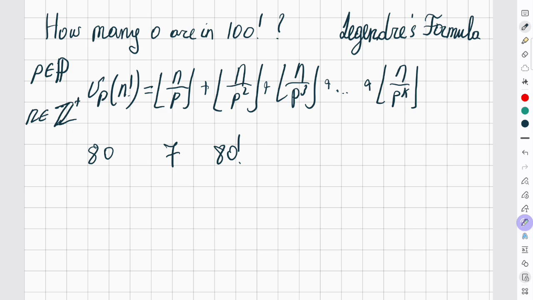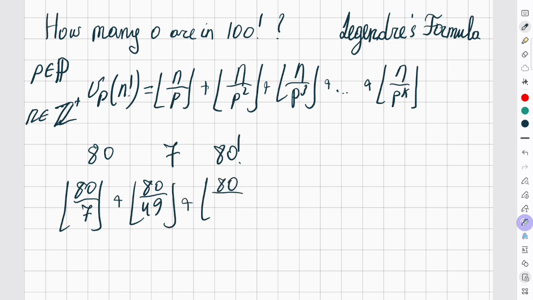So we just use this formula: floor function of 80 divided by 7 plus floor function of 80 divided by 49 plus floor function of 80 divided by 343, etc. Actually, in this case it is 0, so we don't need to find the other ones, I mean when the power of 7 is greater or equal to 3.